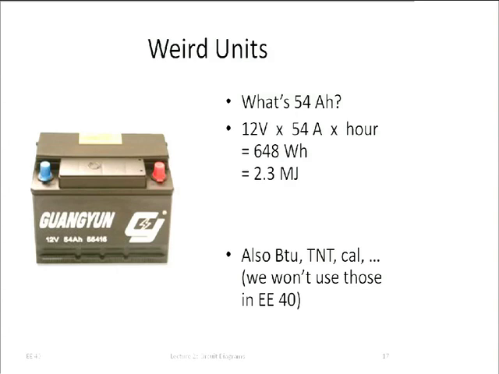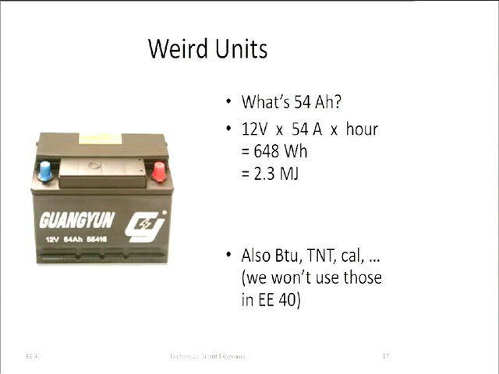If you have a car, then maybe at some point you have to replace your battery. Of course, it's most likely going to be 12 volts, but then it says something else. This one says 54 AH. What does that mean? Amp hours. So is that an energy? No, it's not an energy, but we can calculate the energy really easily.